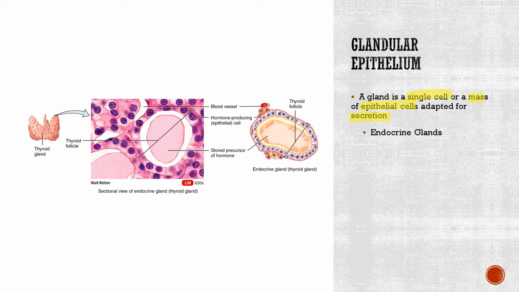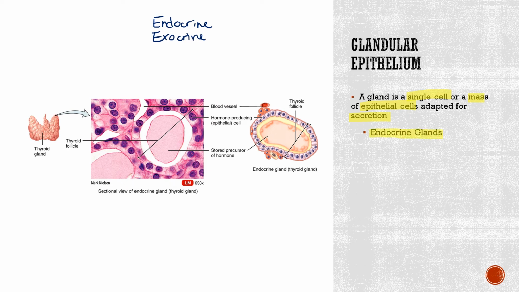Now, all glands in the body are classified as either endocrine or exocrine. So the first one we have here on this page are the endocrine glands.